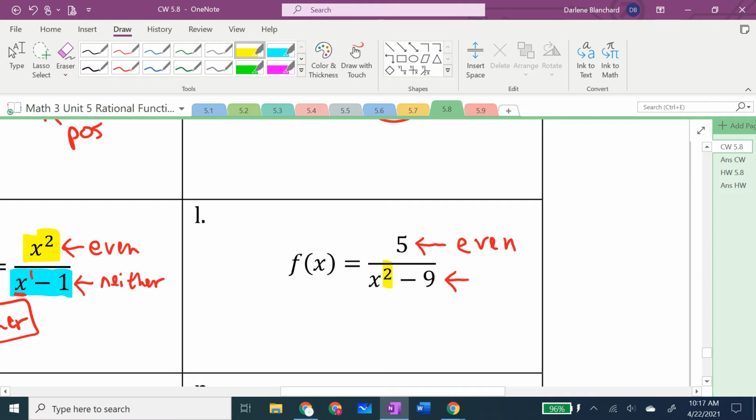Show me one, even, odd, neither. Good, good, good. It's even. It's allowed to have a constant added or subtracted to it. So an even divided by an even is even.